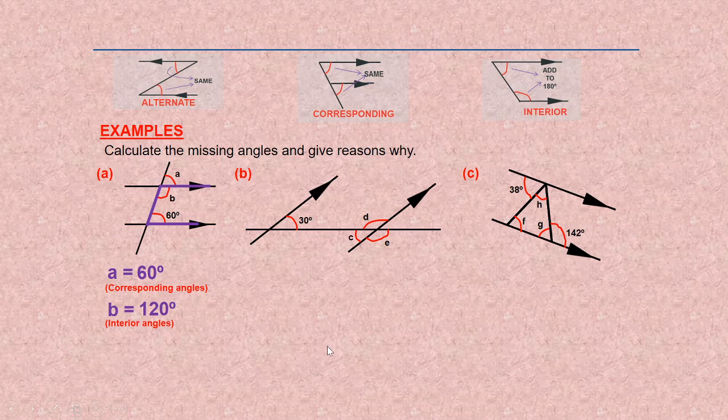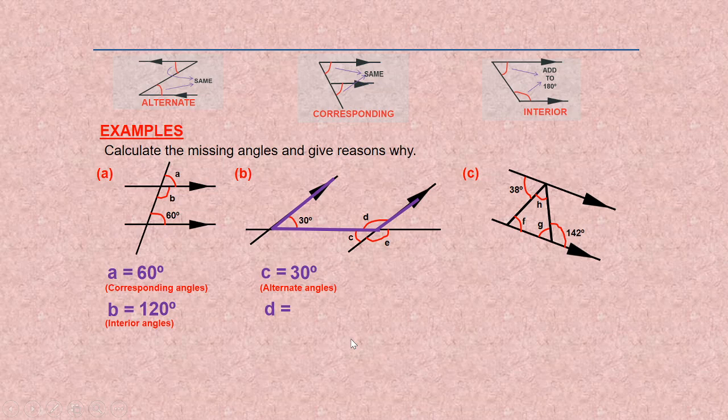Okay, so onto this one. To work out C, if I'm only given the 30, I could use this stretched Z shape. So alternate angles are equal, which means they're both 30. Then I'm going to work out D. C and D are actually on a straight line, so you could use that, or you could use interior angles.